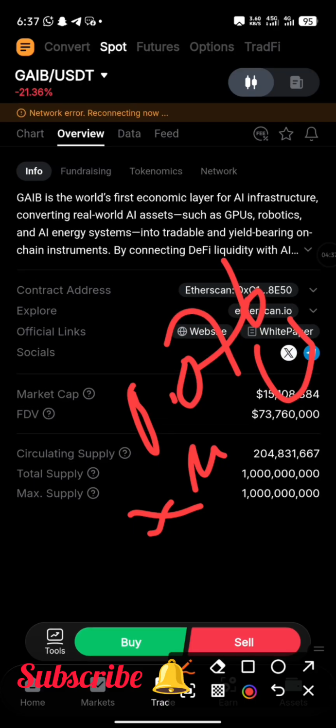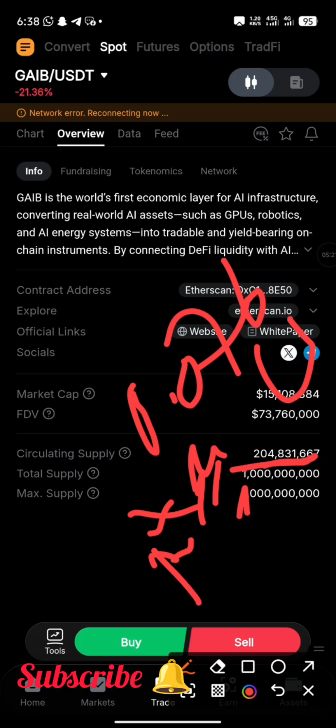Low circulating supply plus quick price moves means more volatility. So if the circulating supply is low and the price moves quickly, it's called more volatility. And with a high circulating supply, the price moves slowly.